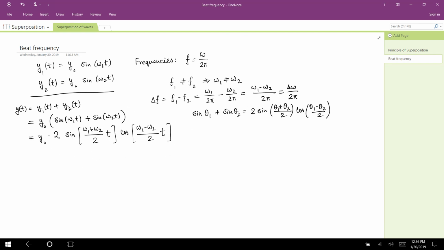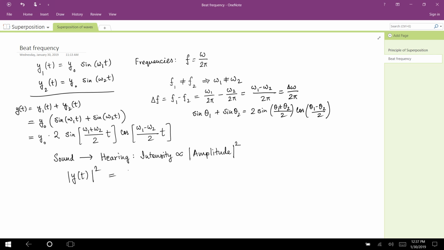In the case of sound, you have to remember, what do you hear, right? What you hear in your ears is the intensity. So hearing is the intensity, not the amplitude itself. It turns out that intensity is proportional to amplitude squared. So since intensity is proportional to amplitude squared, what you're really hearing is the square of this wave, y(t) squared, right?